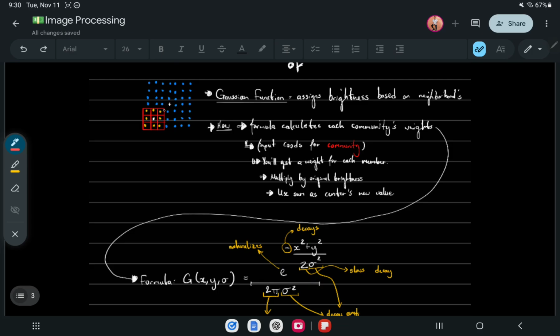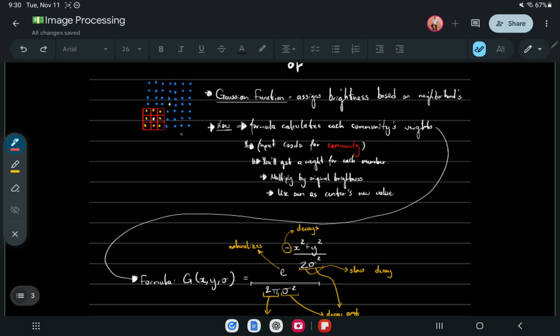After you get the weight, for example this one here, top right, it's the same for all. When you get the position's weight, you multiply the weight by the brightness of that pixel, and you do it for all positions. I'm not sure if you do it for the center, but for sure you do it for the neighbors.